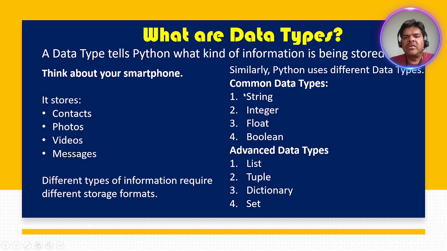The data types we've seen so far are used for storing only a single value. If you want to store multiple values, then you need a collection, which we can also call a data structure. So these are the types: list, tuple, dictionary, set. Let's get into this.